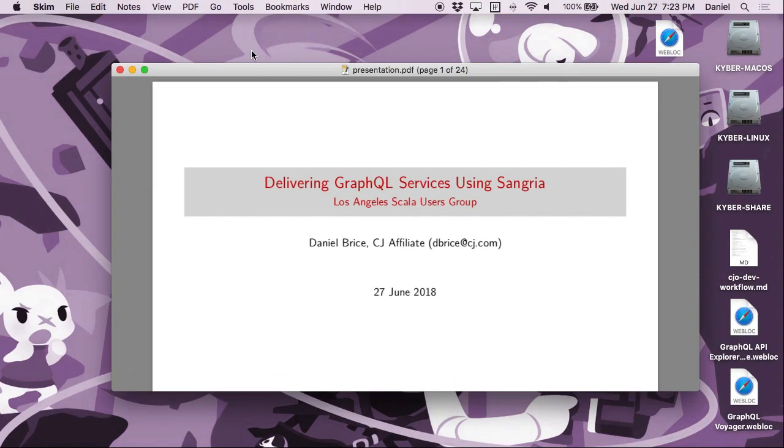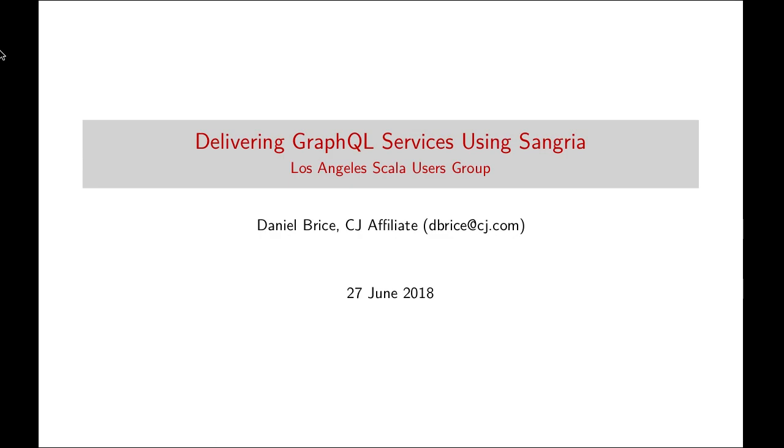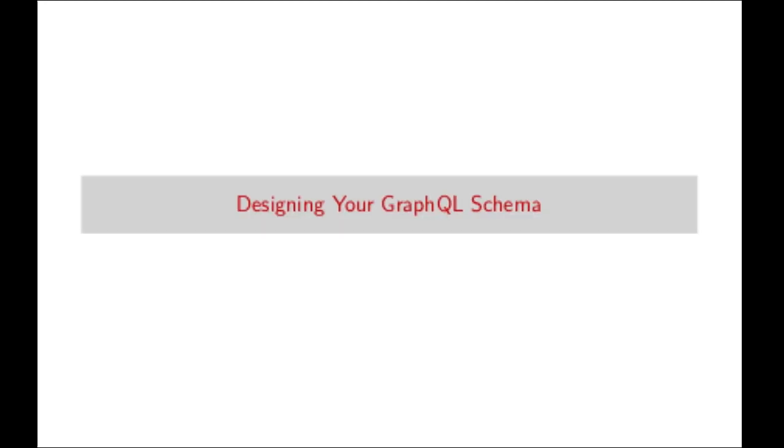Let's get to the topic. Delivering GraphQL services using Sangria. So we're going to go into about four parts. First, designing your GraphQL schema. The way you design a GraphQL schema is a little bit different from how you would design a REST API.